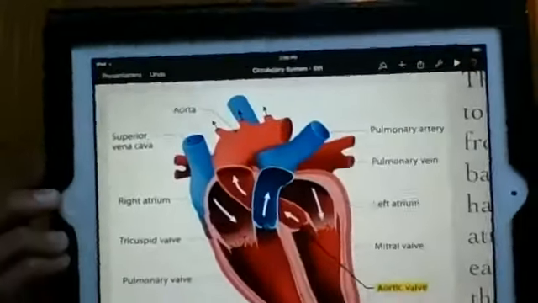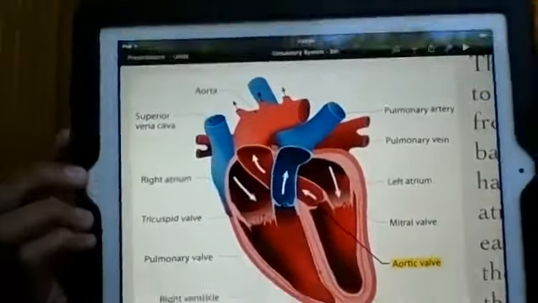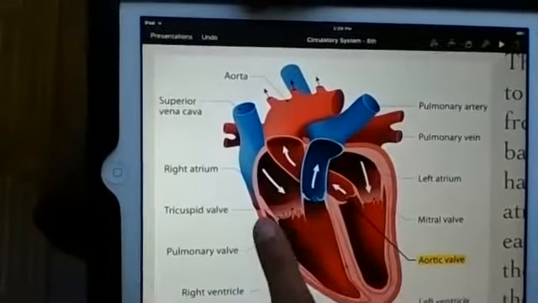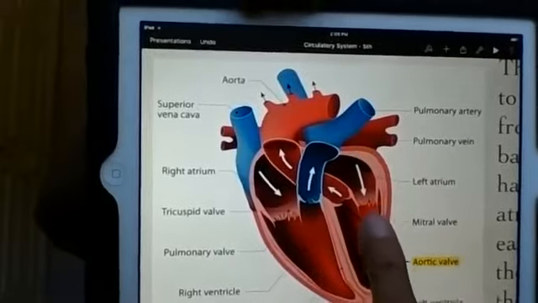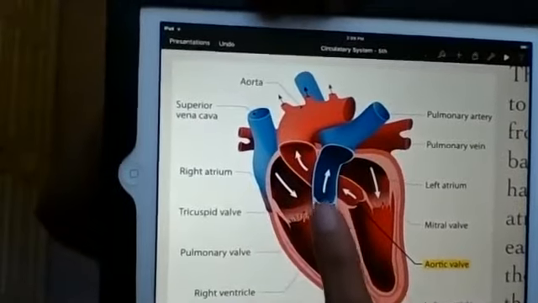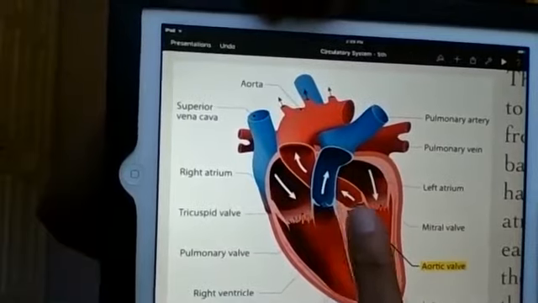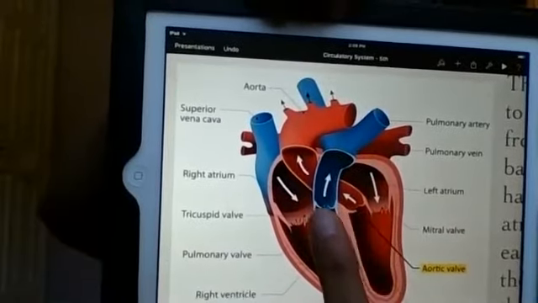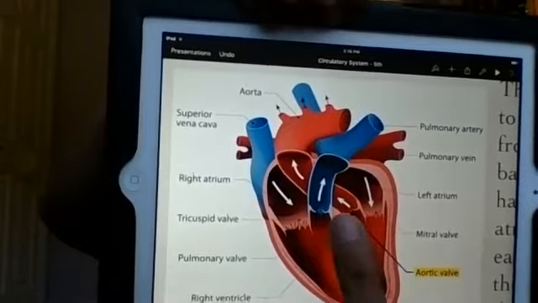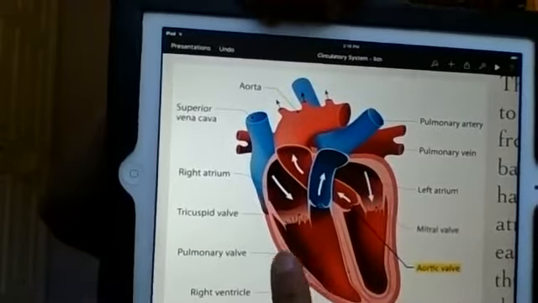The heart has 4 valves. It's kind of like this flappy tissue between the atrium and the ventricles. The blood will flow through it. And then there's also a valve right here, and a valve right here. One sends it to the lungs and one sends it to the body. So we have 4 valves in our heart.